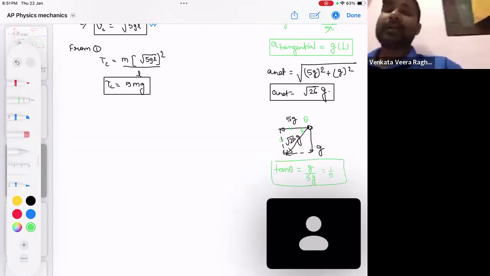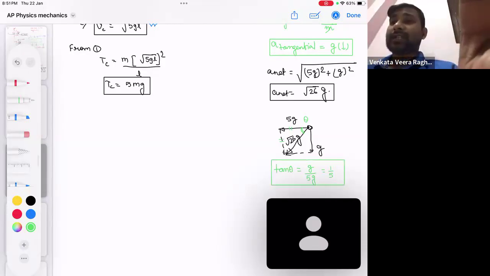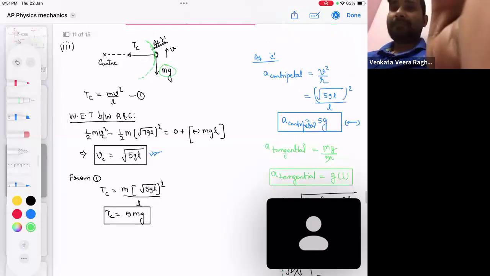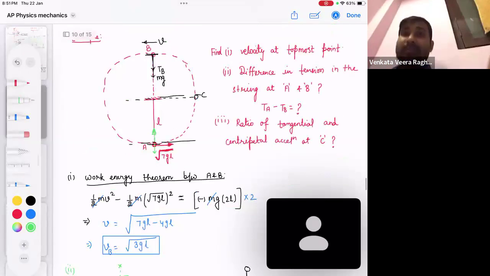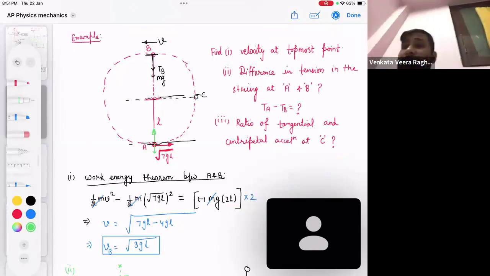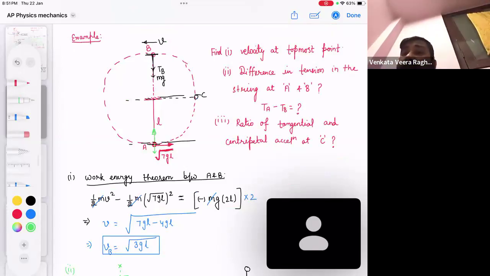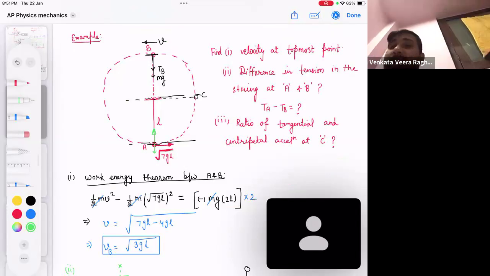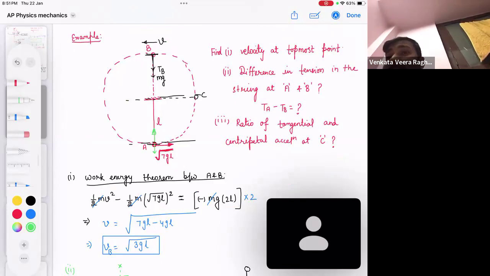See that? Please tell me everything about the circular motion. Do you understand? So one example we have taken where we try to understand everything about the circular motion: how to apply the work energy theorem, how to draw the free body diagram, take the component, writing the equation. After that, finding the tension, tangential acceleration, centripetal acceleration.